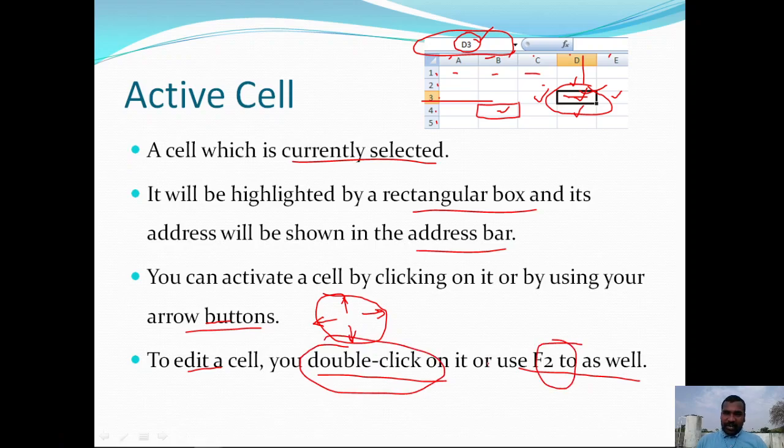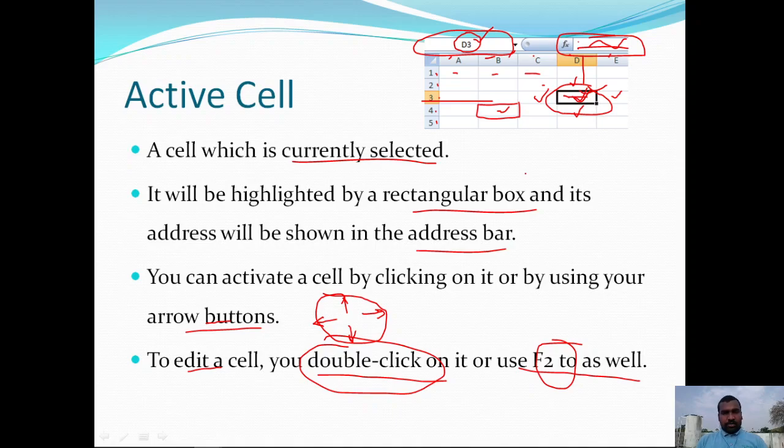Another way is to select the active cell and move on to the formula bar. Here this is the formula bar. The content of this active cell is already displayed here. So you can update the content or enter a new one. That we are going to discuss in the formula bar component.